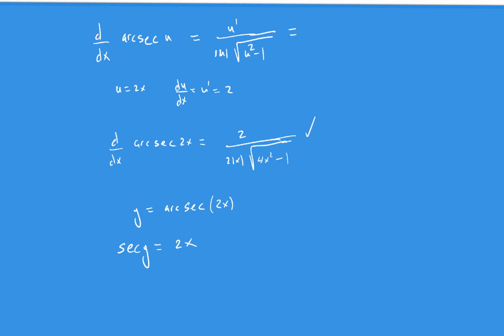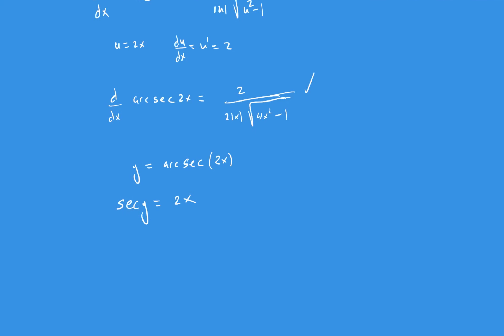Now the second thing that we will do is to take the derivative of y with respect to x of this expression. The derivative of secant y is tangent y secant y times the derivative of y with respect to x.